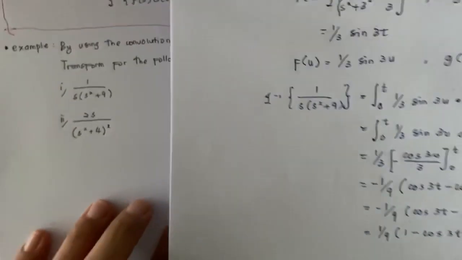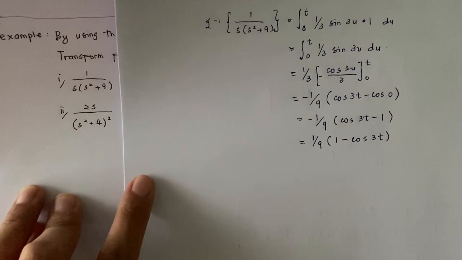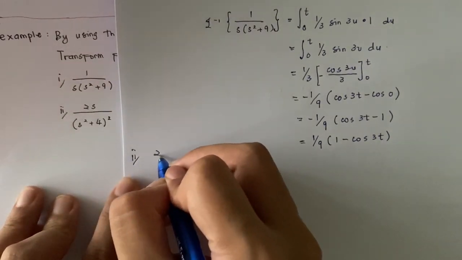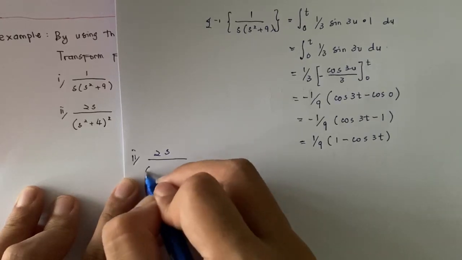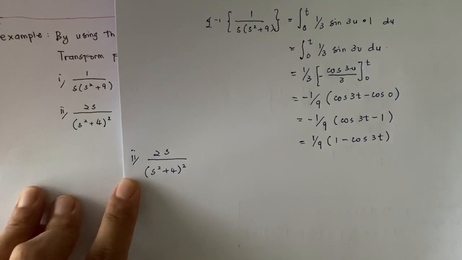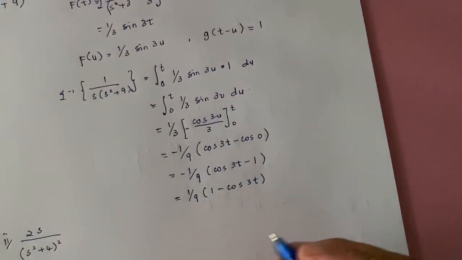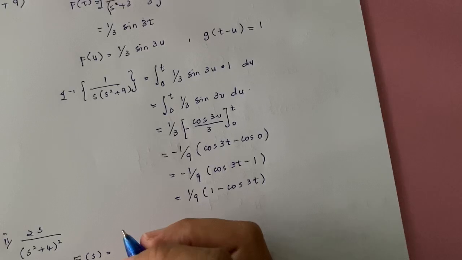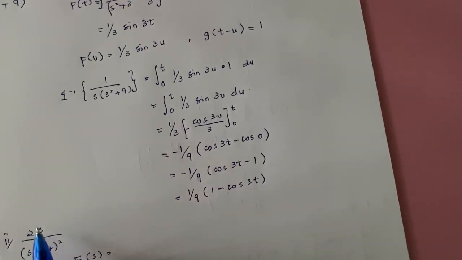Okay. Second example. For the second example, we have to solve for 2s over (s squared plus 4) squared. Again, we start by determining what our F(s) and G(s) are.